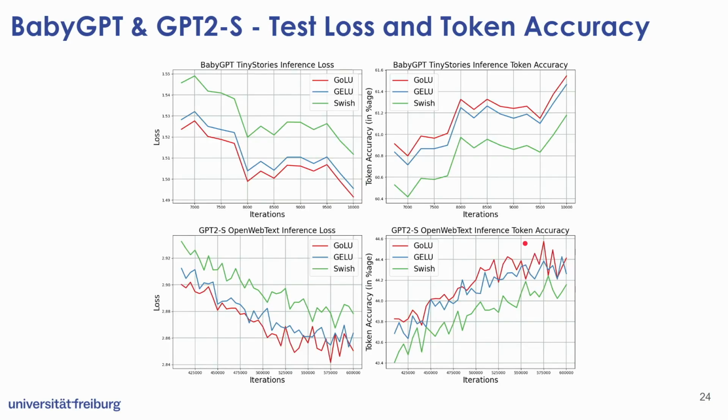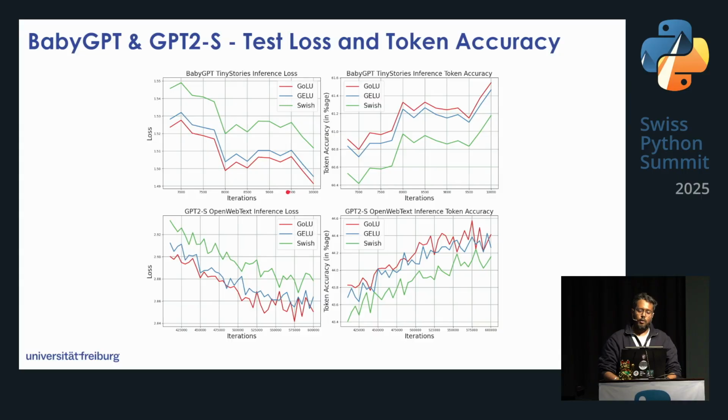Similarly, here also we see results that correspond to what we saw in ImageNet. So what's more interesting here is that, as you can see, for example, for GPT-2, you already reach a better performance than GELU or Swish with a lesser number of training iterations.